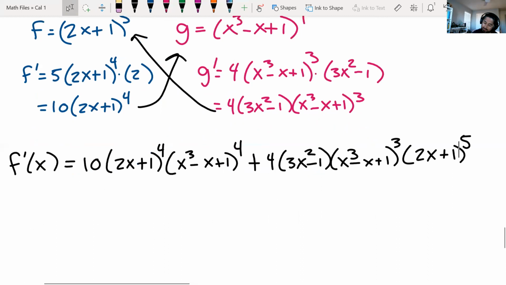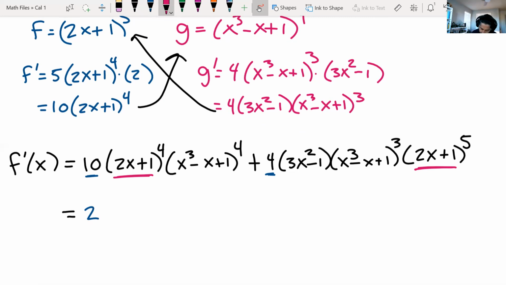So let's play greatest common factor. And we'll start with 10 and 4. What could we take out? Two. And then 2x plus 1 to the fourth, 2x plus 1 to the fifth.